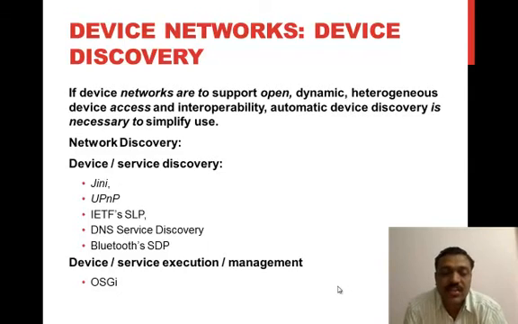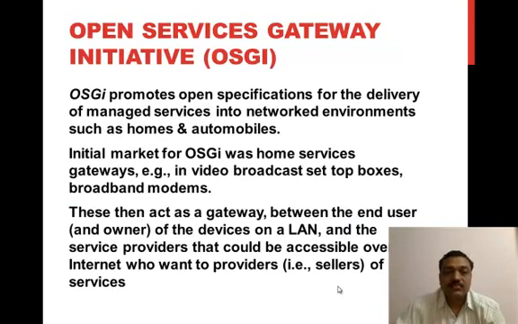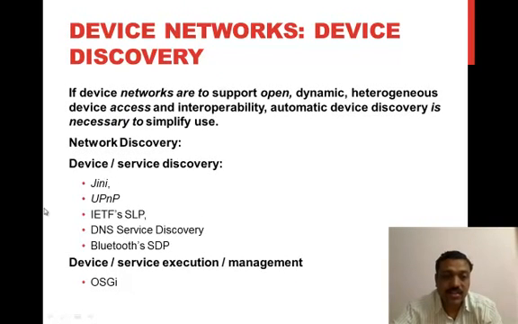There are Jini, UPnP, IETF SLP, domain name service discovery, Bluetooth SDP, and device service and execution management, which is again used with OSGi, the Open Service Gateway Initiative. We'll discuss all these device discovery mechanisms later in other units.